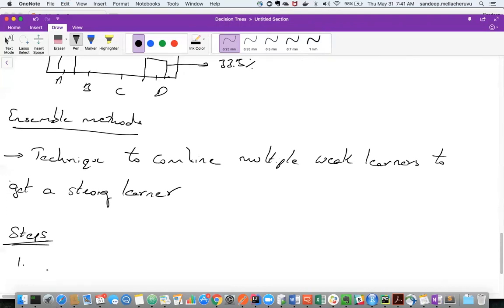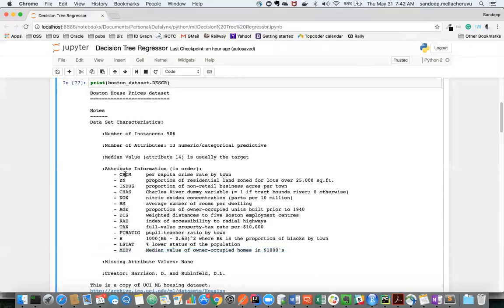So first step is select randomly a few variables. So let's say I select randomly crime, let's say NOx, age, and tax.